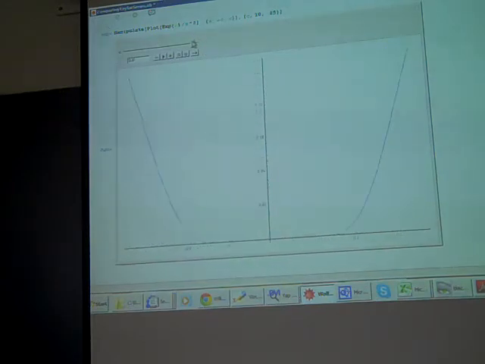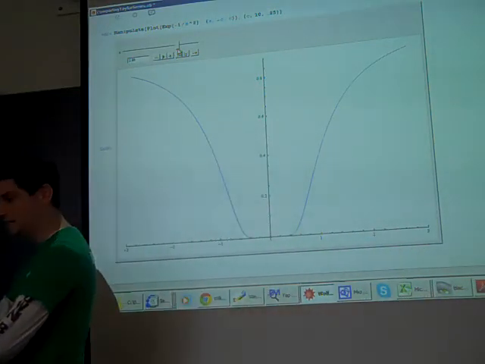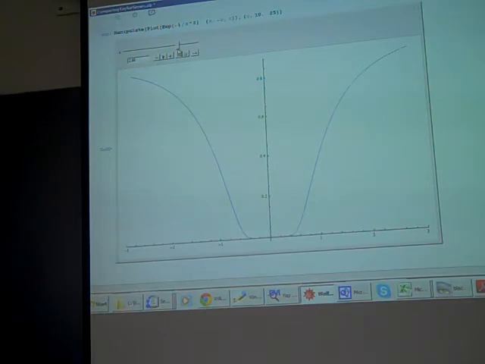As you start moving farther and farther away from the origin, you'll see it's clearly non-zero. Your Taylor series, no matter how many terms you take, is never going to converge to this function except at the origin. You're always going to miss everywhere. And you're never going to get better the more terms you take. The purpose of this is to show you that it gets very hard if you work with general functions.